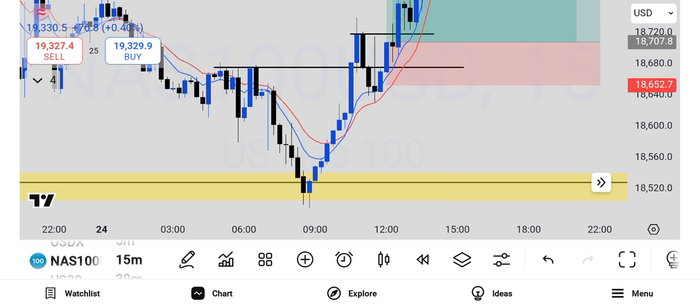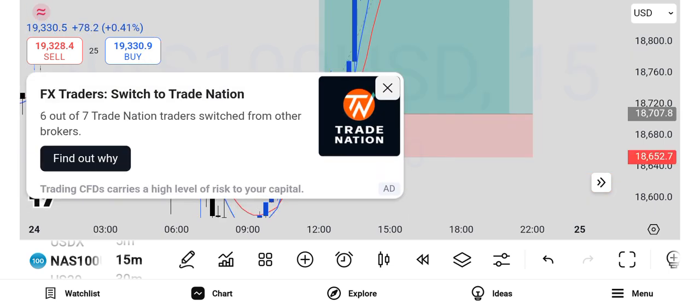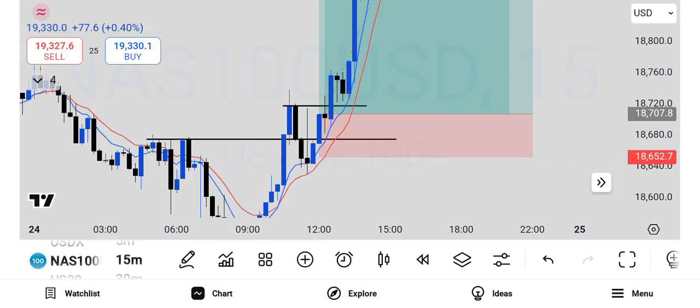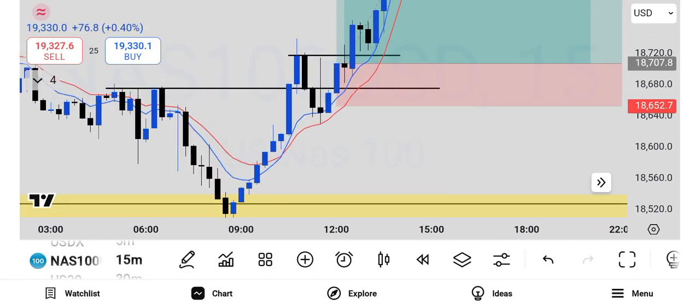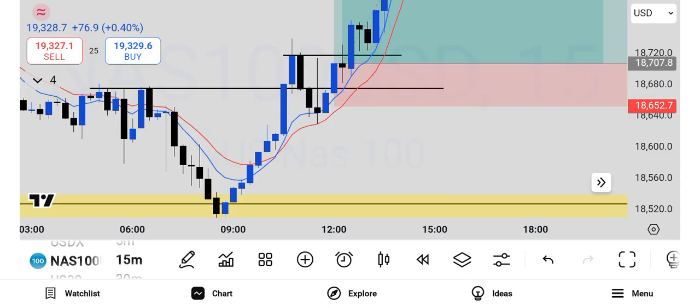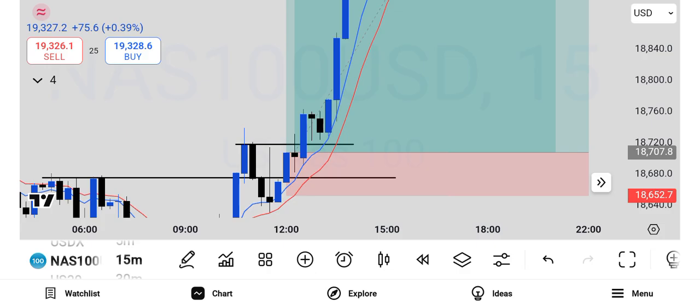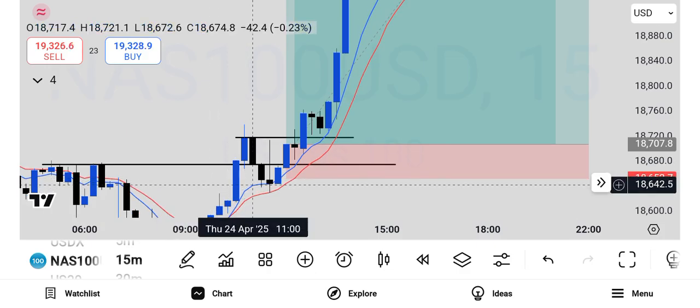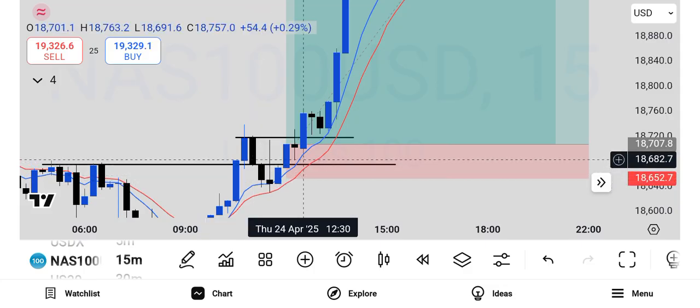The fourth confluence is that there was a moving average crossover here, guys. After this moving average crossover, we can see that these moving averages were supporting price.